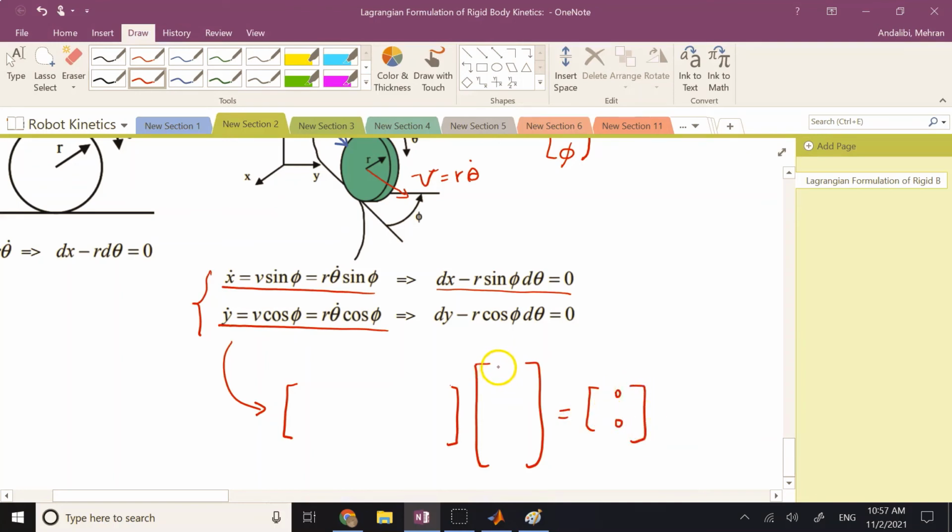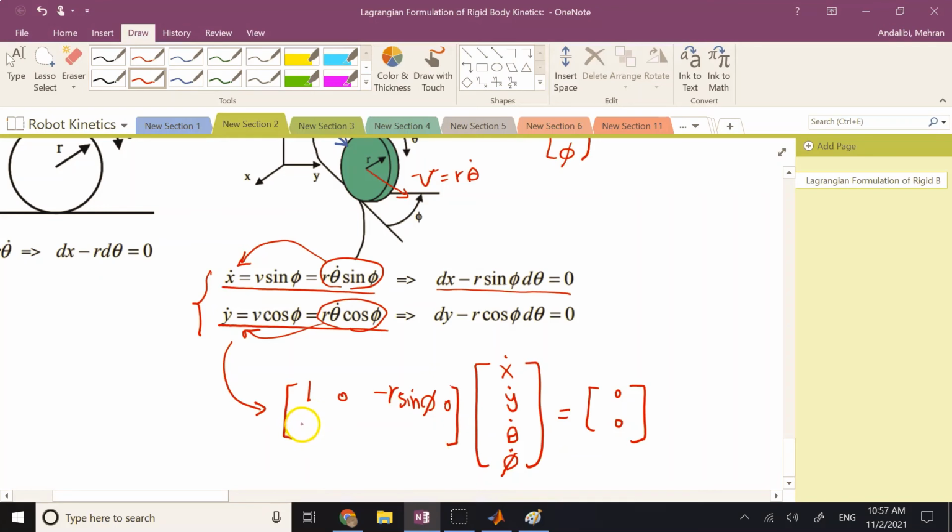As I said, this is your vector q dot, so it is going to be x dot, y dot, theta dot, and phi dot. And if you write these equations by bringing these 2 terms to the left hand side and set them equal to 0, then it's going to be 1 x dot, no y dot, minus r sine phi times theta dot, and no phi dot times that q dot vector equals 0.